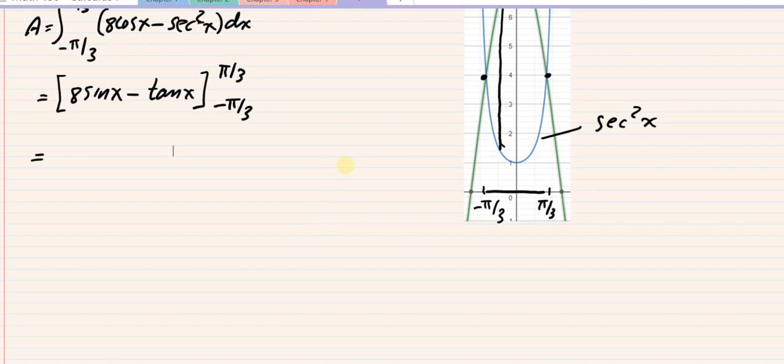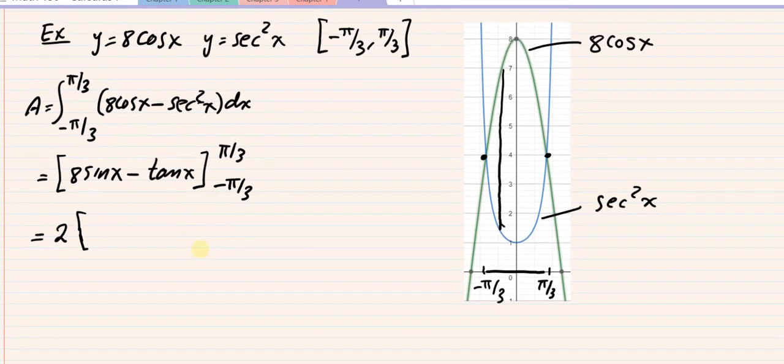So I'm going to do that. How am I going to account for this? Therefore, I'm going to go twice. And I could have done that from the get-go also. In fact, let me do that. I can rewrite this integral as 2 times the integral from 0 to pi over 3, not negative pi over 3 to pi over 3, but 0 to pi over 3 of 8 cosine x minus secant squared x.